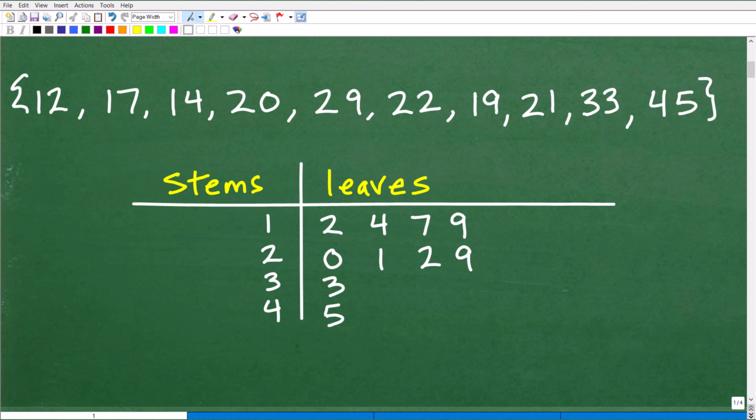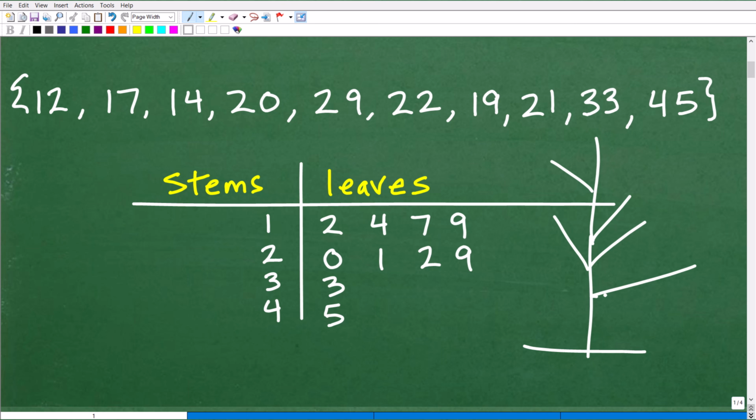So what is a stem and leaf plot? Well, if you look at these words, stem and leaves, you might be thinking to yourself, like a tree, right? Let's say here's a tree, it's a pretty bad tree, but let's say we call this a branch or a stem, and then there's some leaves off that particular stem or branch.